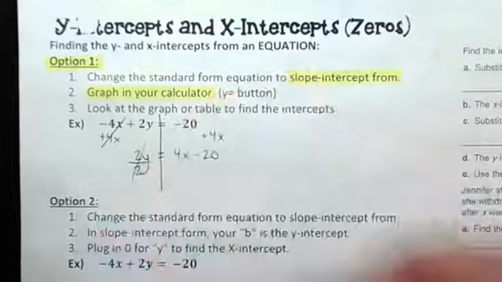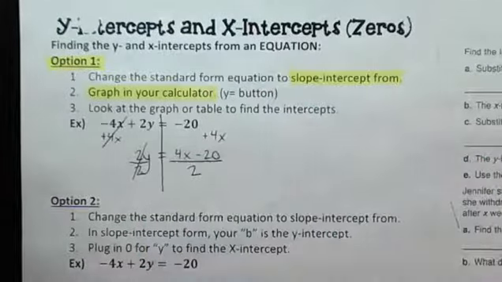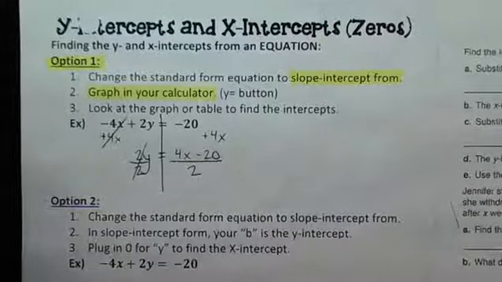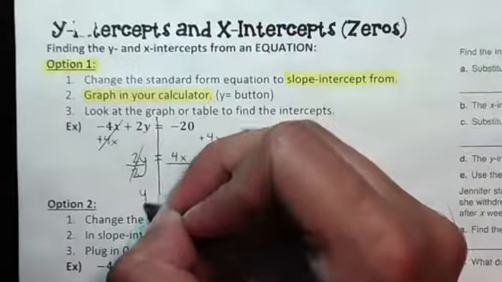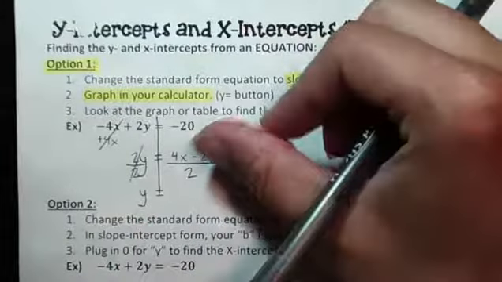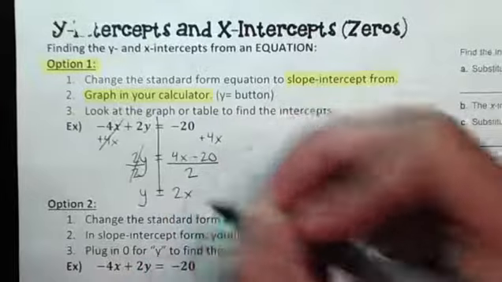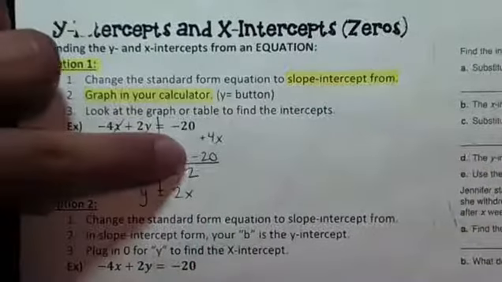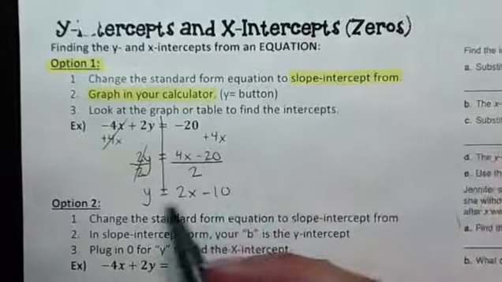So I'm going to divide by 2 on the left, and I'm going to divide by 2 on the right. Since I divided the whole right side by 2, I'm going to rewrite what I have. I have y equals 4x divided by 2 is 2x, and negative 20 divided by 2 is negative 10.